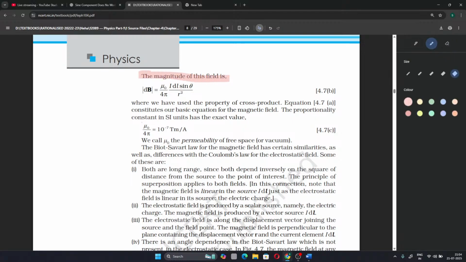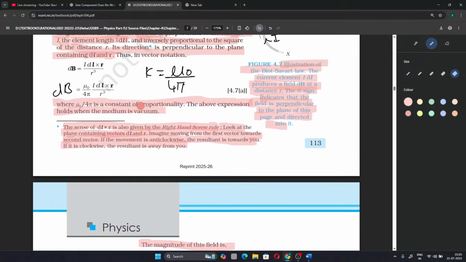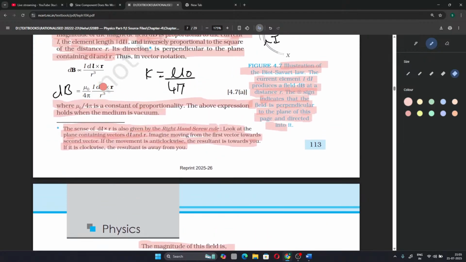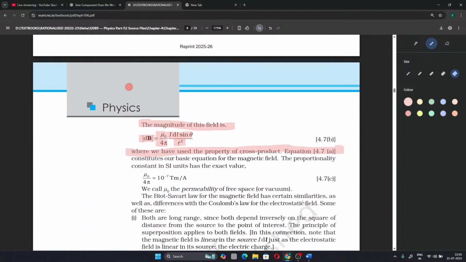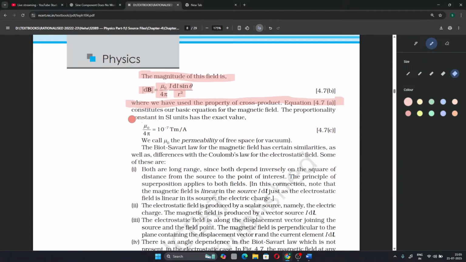The magnitude of this magnetic field is the magnitude of dB, which equals mu naught by 4 pi, I dl sine theta by r square, where we have to use the property of cross product. In Equation 4.7, they didn't write sine theta because they wrote dl cross r, so sine theta is already there, vector product.